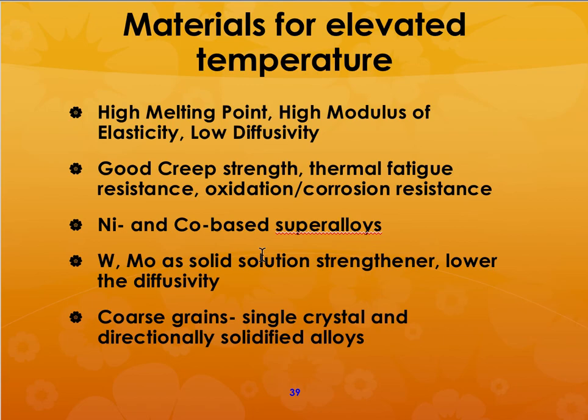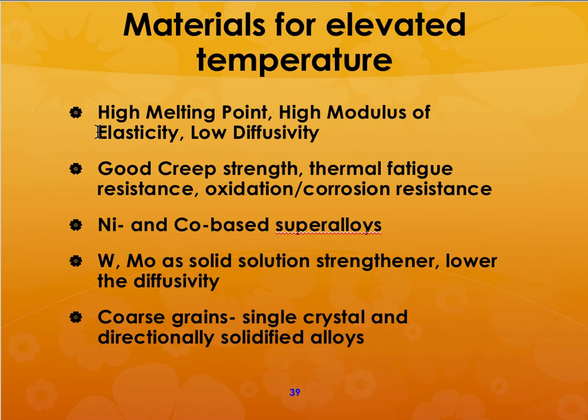So what kind of materials can be used for elevated temperature applications? What do you need for elevated temperature applications? First of all, you need a high melting point, because where does creep become active? Beyond half the melting point in degrees Kelvin. So if you use a material that has a very high melting point, it becomes safer to use.